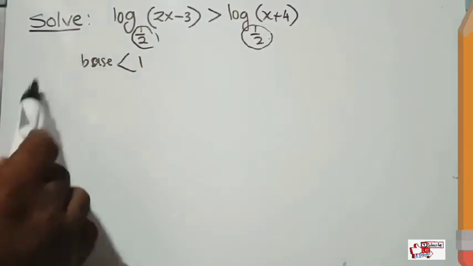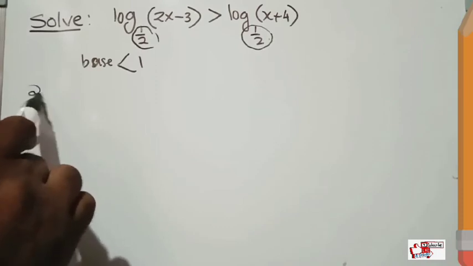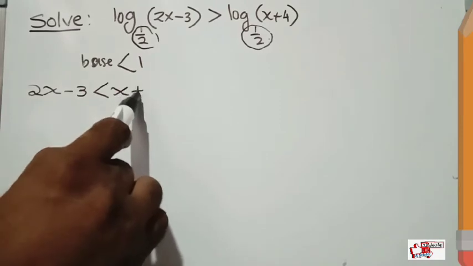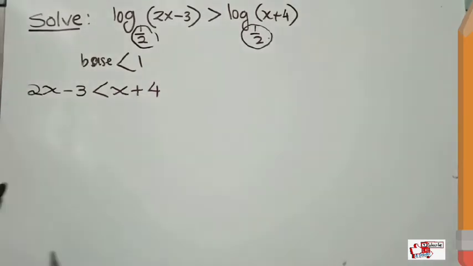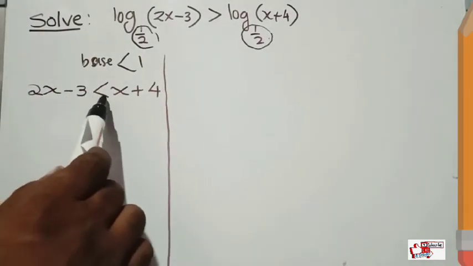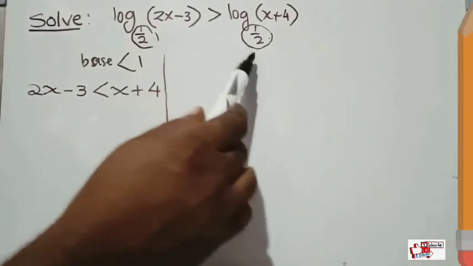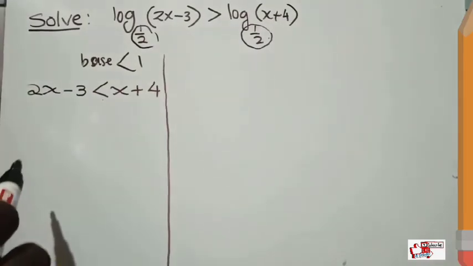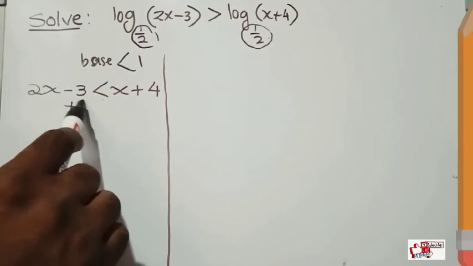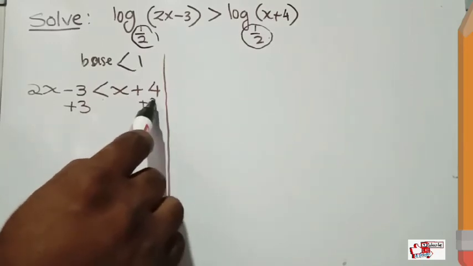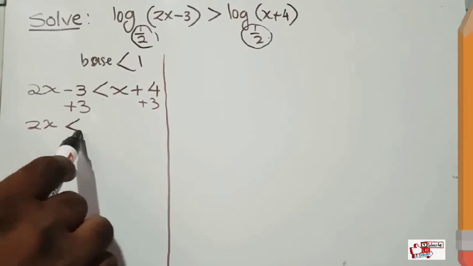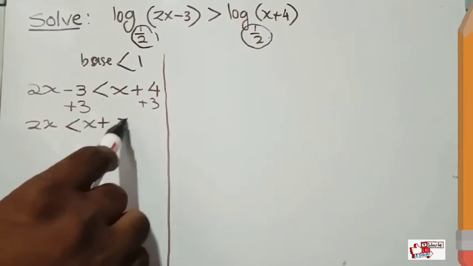So our first solution is 2x minus 3 less than x plus 4. You have to do this calculation first. Why is it less than? Because the base is smaller than 1. Now let's solve it. If we add 3 on both sides, we get 2x less than x plus 7.